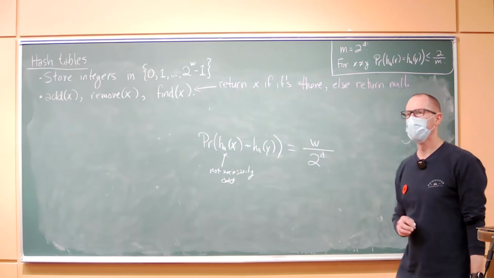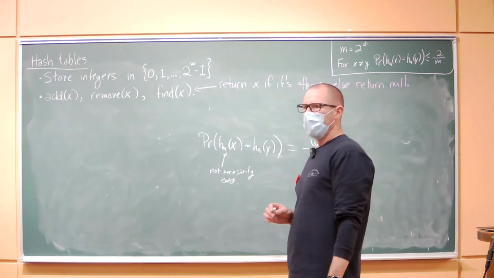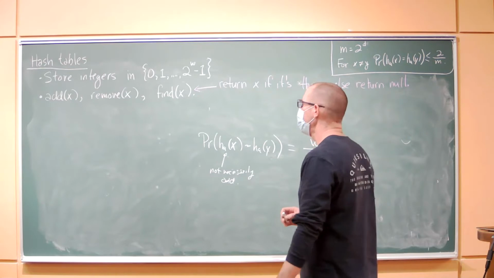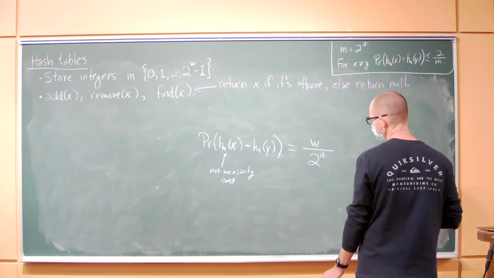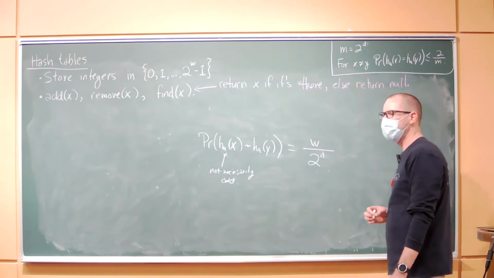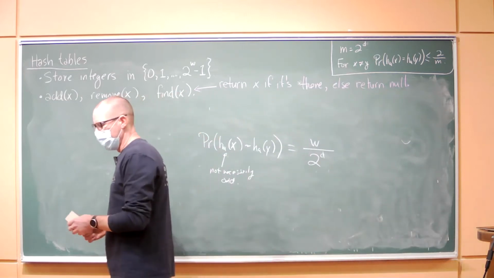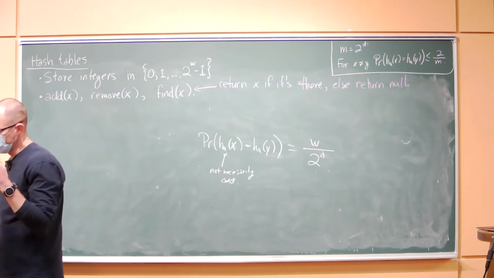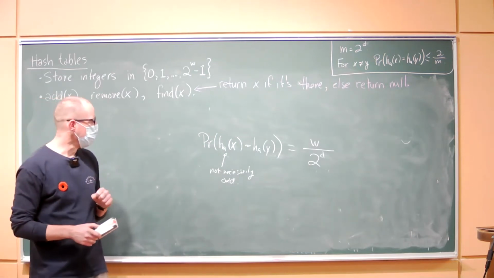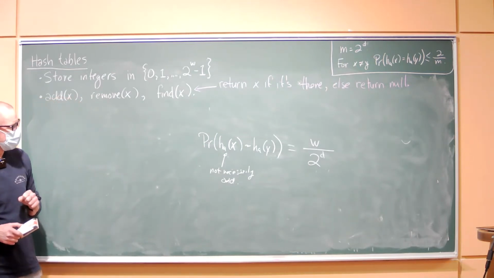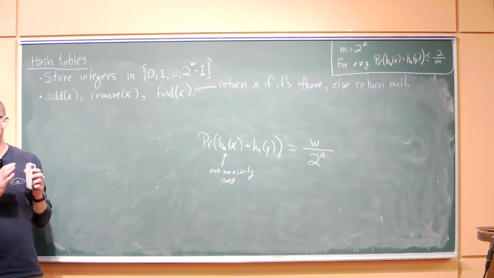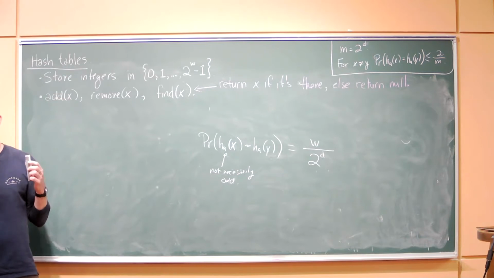What's that? If a is even, then the hash value is always even. And so if a trails, well, no, that's not true. If a is even, the hash value is not always even, because the hash value only uses the highest d bits of the product, and that could be even or could be odd.